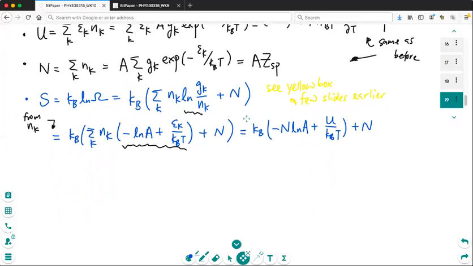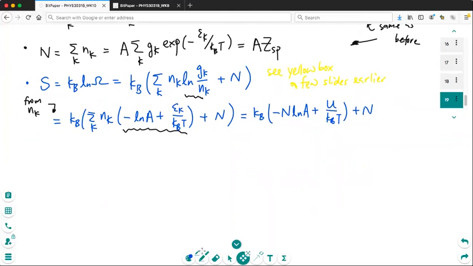Okay, now I can eliminate log a using this line here. So I will use star from this slide. I can eliminate log a. Then I will get my n, log n and log z.